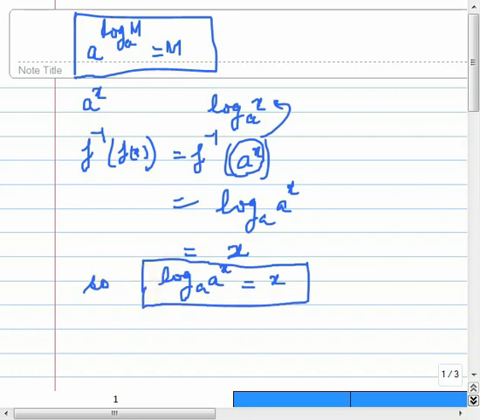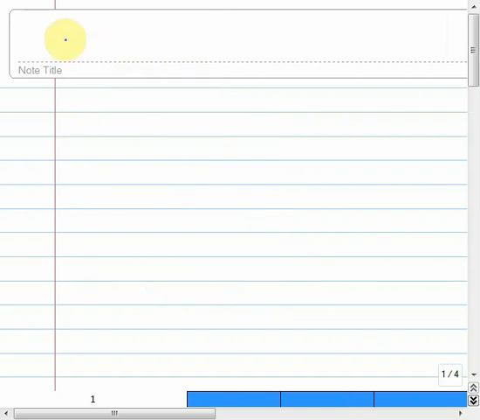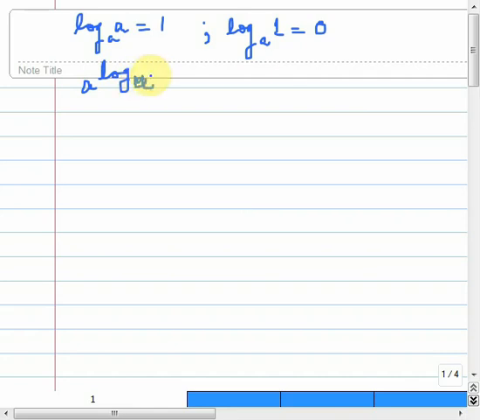So we have seen four properties of logarithmic function: log a to the base a is equal to 1, log 1 to the base a is equal to 0, and two more properties we have proved in this lecture, a to the power log m to the base a is equal to m, and log a to the power r to the base a is equal to r.